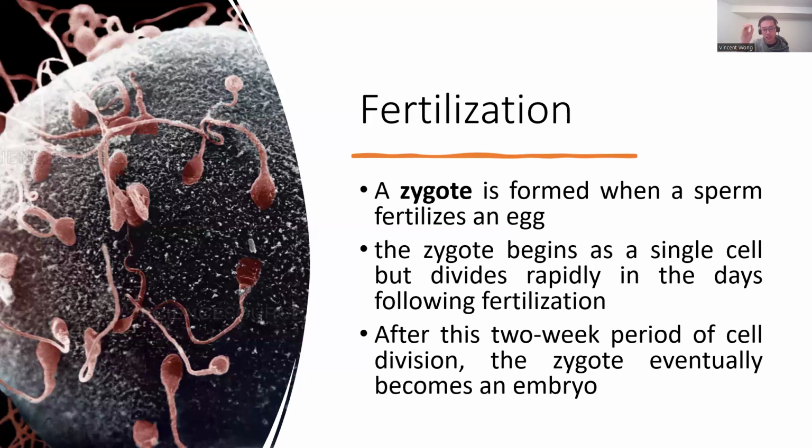As soon as the DNA is injected, the egg forms a barrier to prevent other sperm from injecting their DNA. The end result of fertilization is a zygote. The zygote will undergo rapid divisions, and eventually it becomes the embryo, which is the baby.